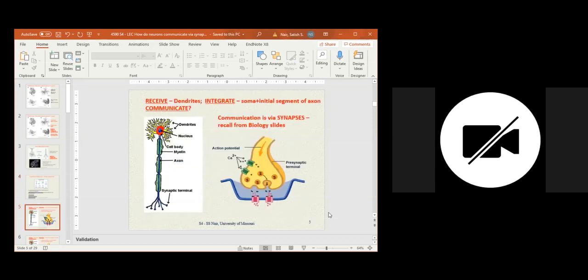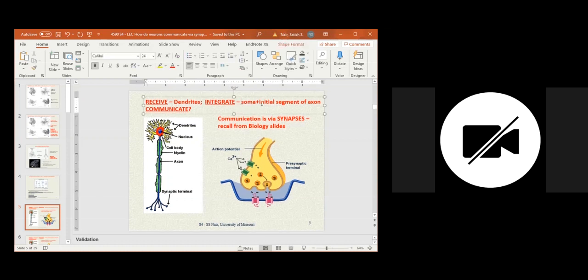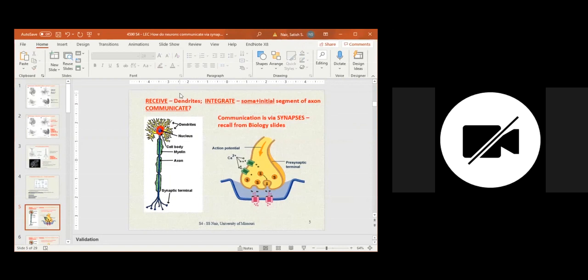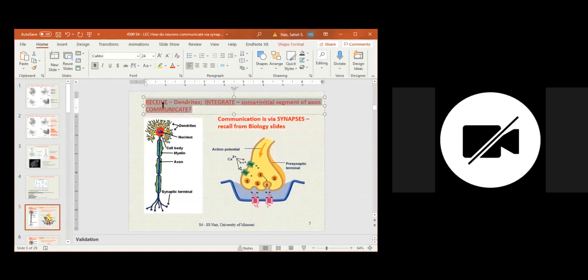Now, if you have all these neurons, and it's very clear you want to make them talk to each other, we have to understand how do they talk to each other. Otherwise, you cannot develop these models of networks of neurons. Like we motivated you, probably the role of the dendrites is to receive. The role of integration probably is soma and the initial segment of the axon. They serve that job. And what about communication?